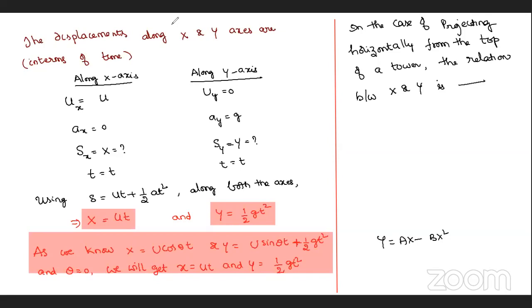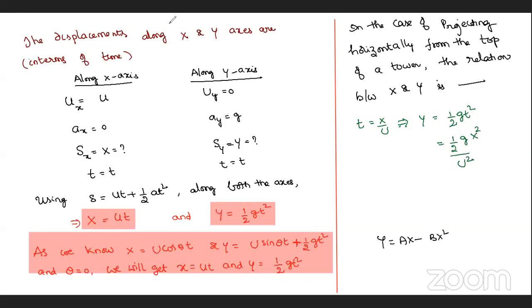If I ask, in just one or two steps, you can say t is equals to x by u. That implies y is equals to half g t square. In this equation, I am going to substitute t is equal to x by u from the first equation. Then I will get half g times x square by u square.